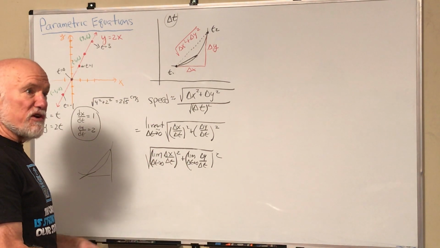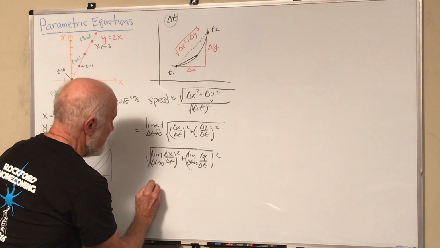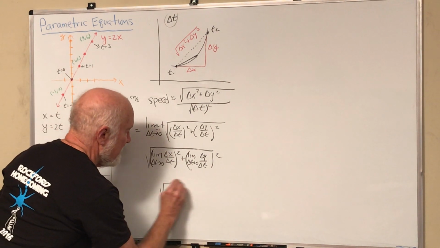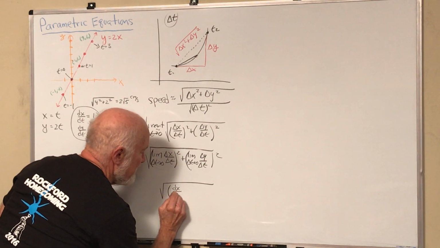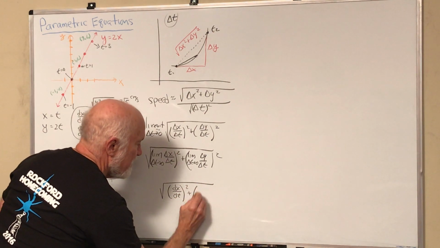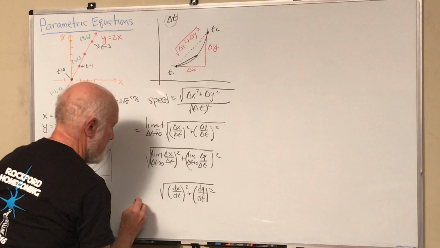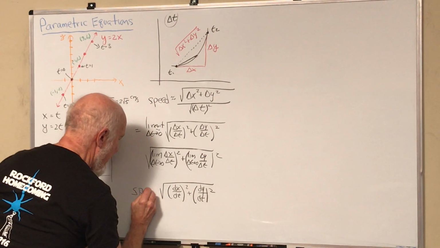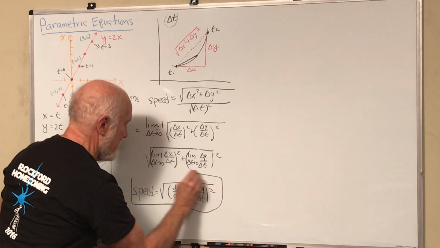This is the definition of derivatives that we've been using for a long time. So what we finally get is the square root of (dx/dt) squared plus (dy/dt) squared. And now we have an exact formula for the speed.